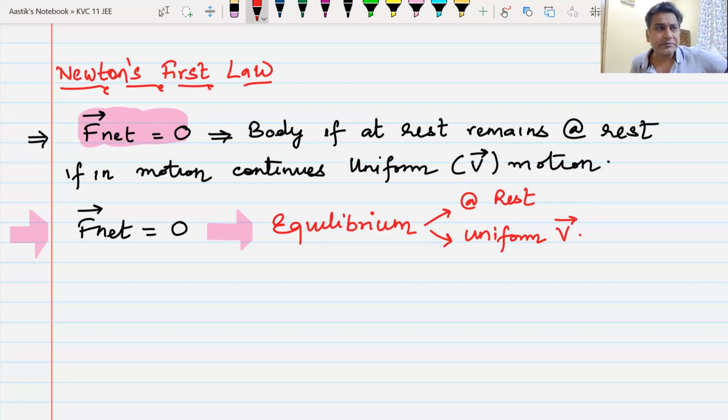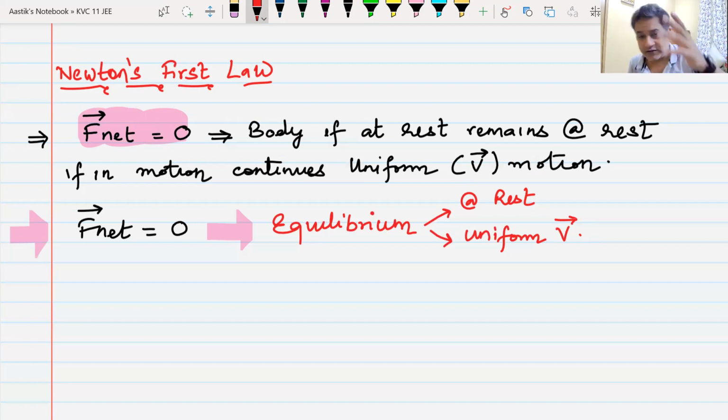Physics says that if you are at rest or you are moving at uniform velocity, the laws of physics applicable on you are exactly the same. So the body is in equilibrium: it can be at rest, it can be moving with uniform velocity. Do we understand this? Yes or no?